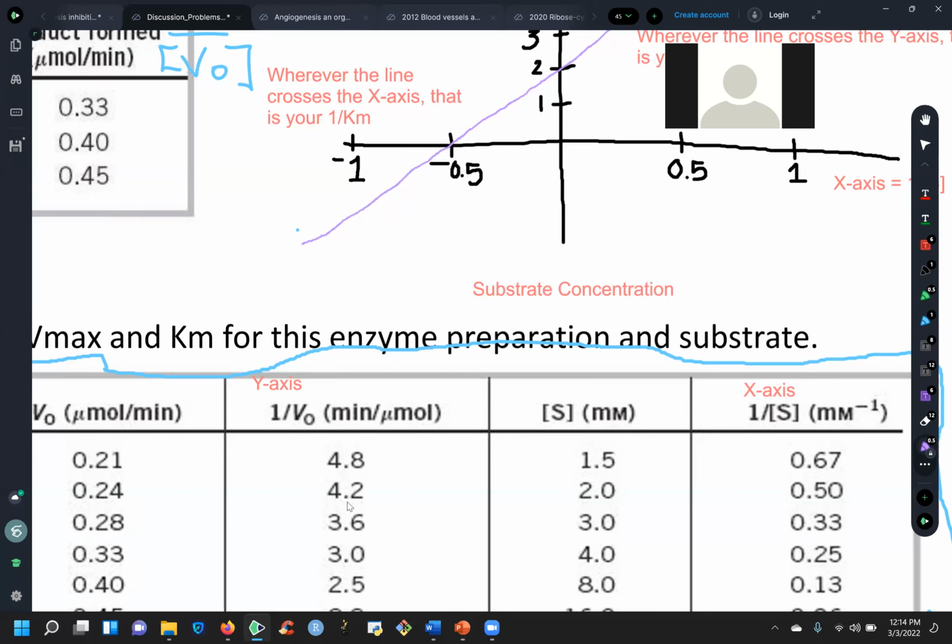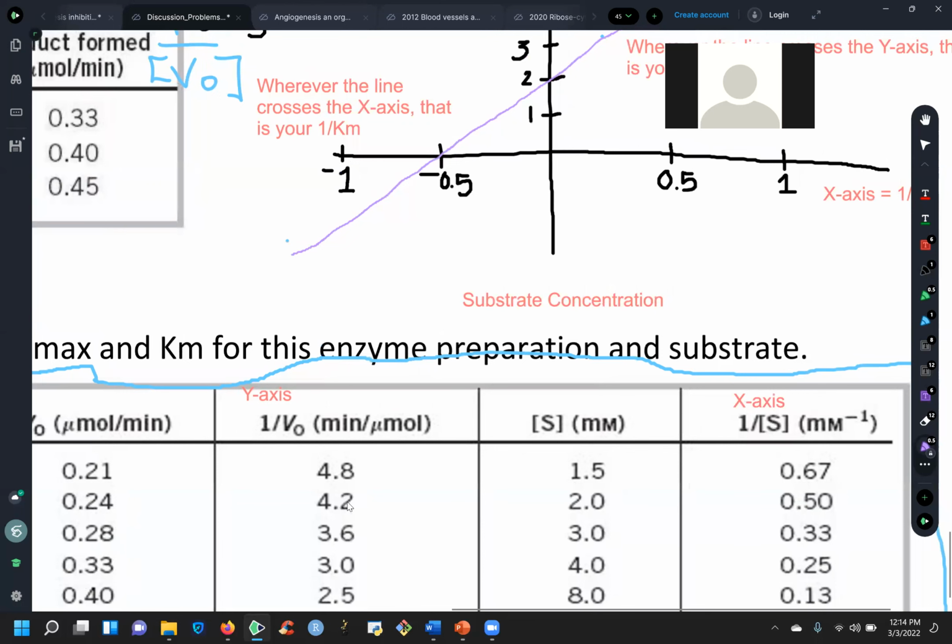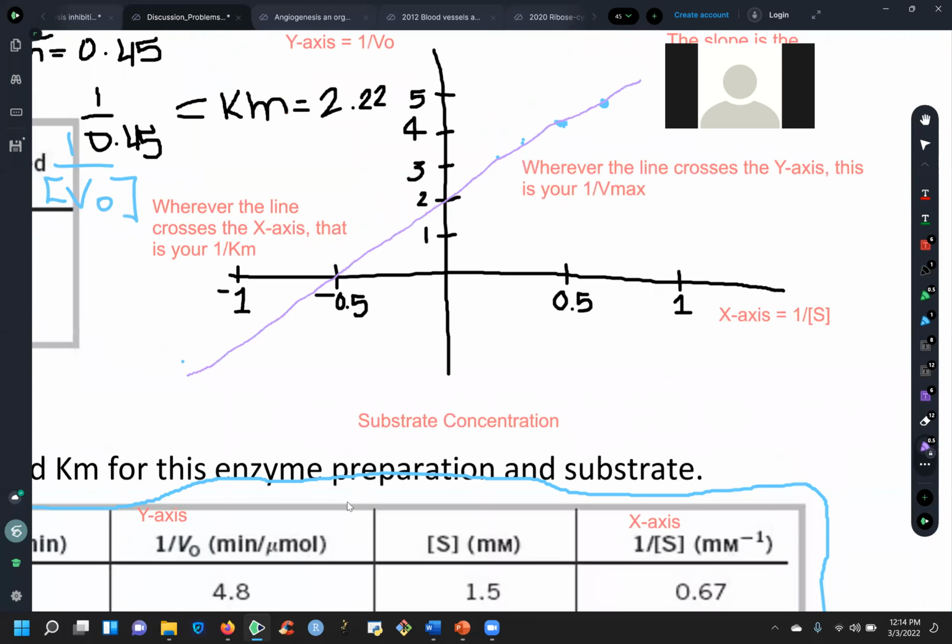Whatever crosses your x-axis, that's your 1 over Km. That's your 1 over Vmax.